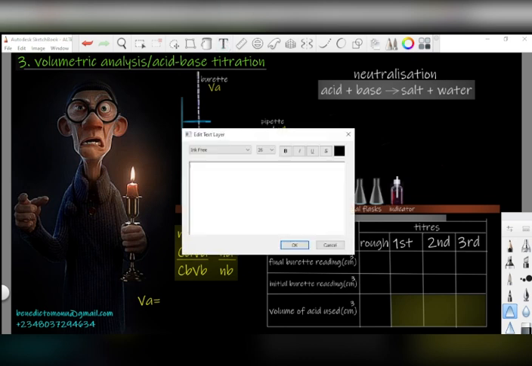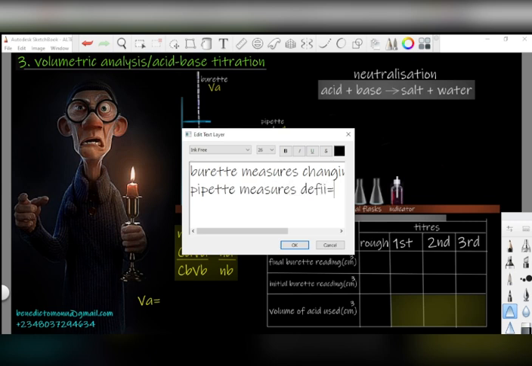I'm going to write that down. Burette measures changing volume of liquid, while pipette measures definite volume of liquid.